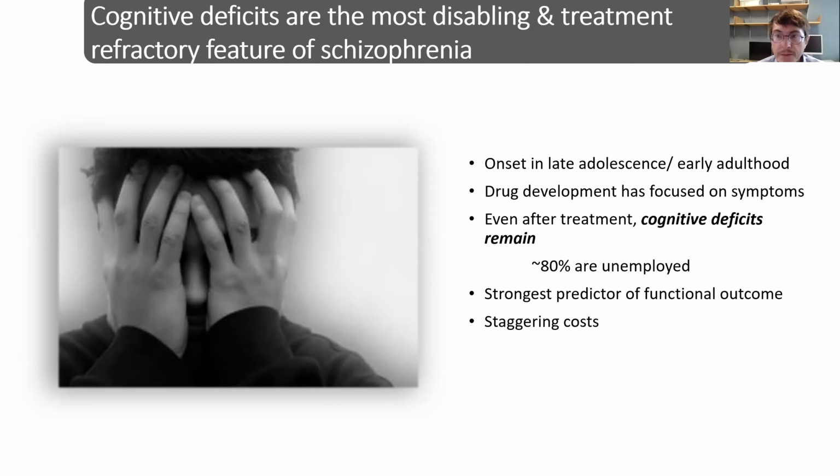There are also staggering costs. Schizophrenia strikes when people are young, and there's money that goes into treating, but also a loss of jobs and a cost and toll on caretakers. It's really an unmet need for the field to understand how we can ameliorate these cognitive deficits, and we don't understand their neural basis.